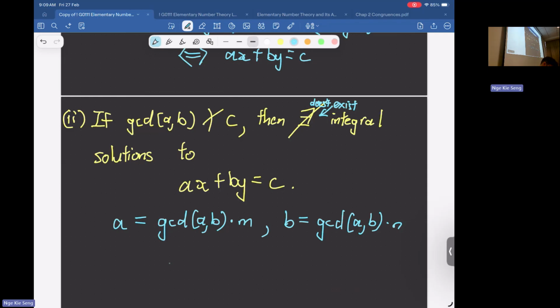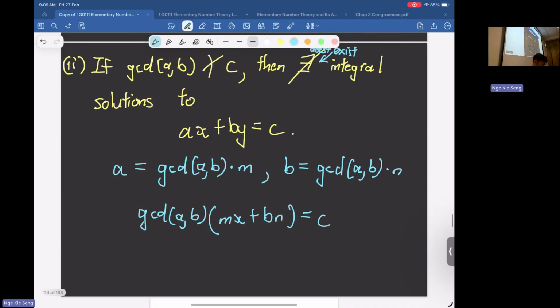Then I can split this equation out to be GCD of A and B times (Mx plus Bn) equals C. Then this whole part here is just an integer. M is also an integer, N is also an integer. So you multiply integer again, integer, add integer again. This is what we call closure: closed under multiplication, closed under addition.